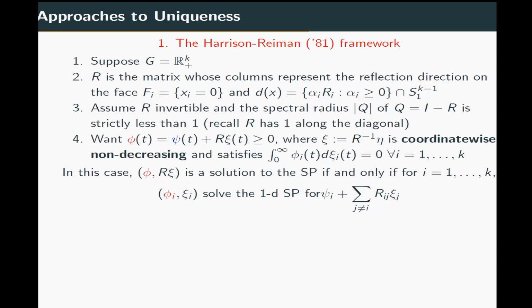What Harrison and Reiman did in '81 was to say, okay, phi is a solution to the SP if and only if, now remember R had 1 along the diagonal, so you can take psi_i(t) out. If you take that out, then phi_i(t) is non-negative, and psi_i(t) increases only when phi_i(t) is 0. So that's like a one-dimensional reflection problem.